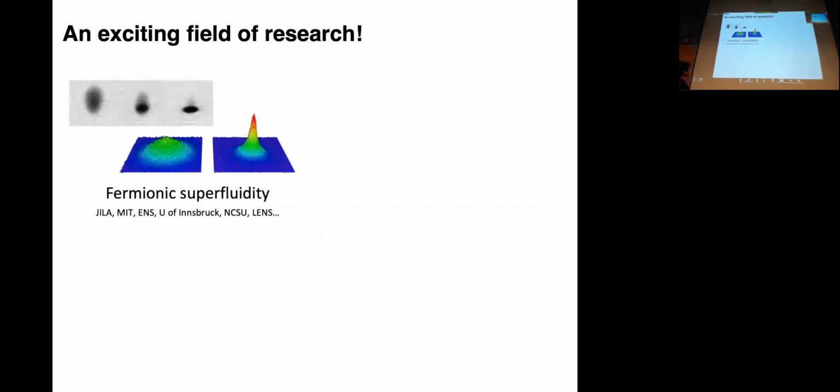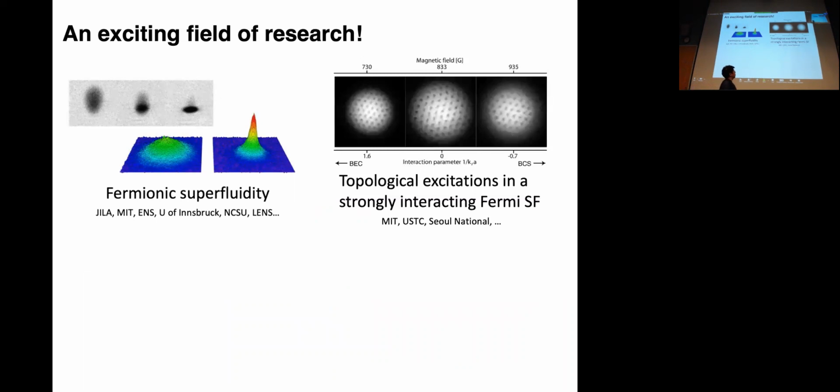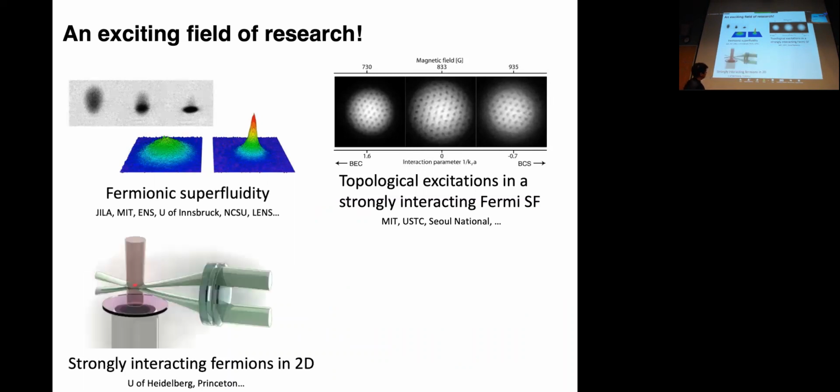So this ability to tune the interaction so freely has really opened a very exciting direction of research in quantum gases. We've been very busy studying the nature of fermionic superfluidity in these systems, the creation of topological excitations such as vortices and solitons in these strongly interacting superfluids, but also we can use engineered potentials to trap these atoms in lower dimensions such as 2D and 1D and study the physics of strongly interacting fermions in lower dimensions.